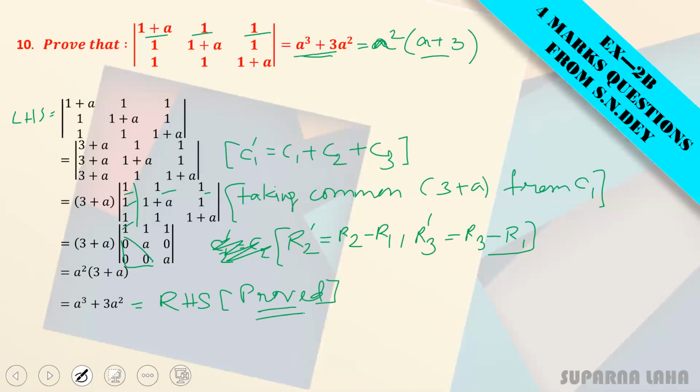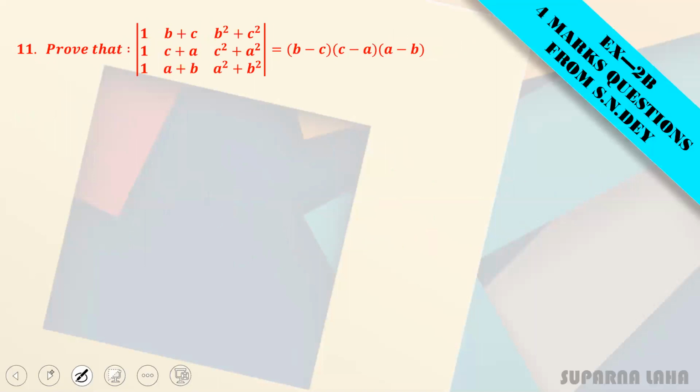So moving to the next question, question number 11. Again, order 3 determinant is given. You need to find these values. Now look at here. In the first column, 1, 1, 1. So without applying any operation on column or row, you can make one of these elements non-zero and other elements 0.